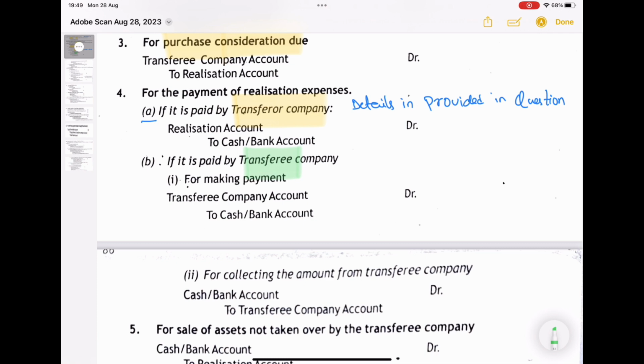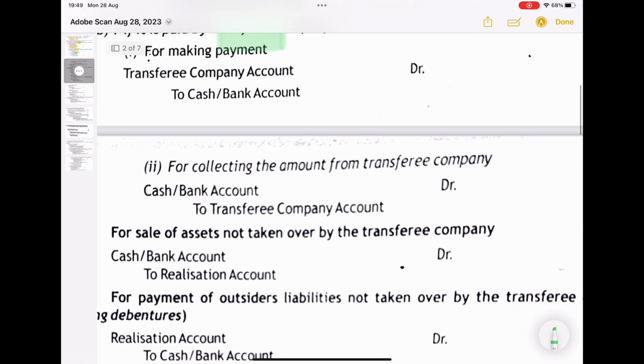For example, for making payment, transferee company account debit to cash or bank account. Second point, for collecting the amount from transferee company, it is a reverse entry: cash or bank account debit to transferee company. The name of the company you have to mention there.